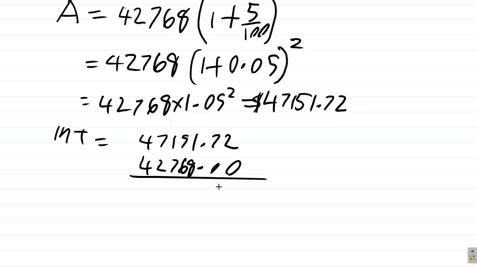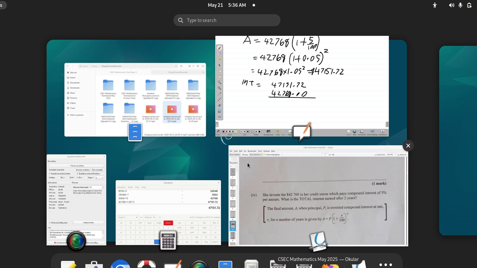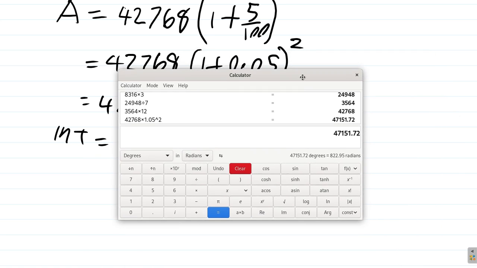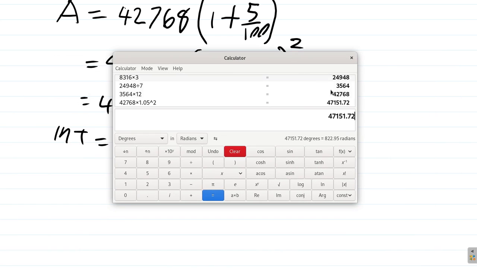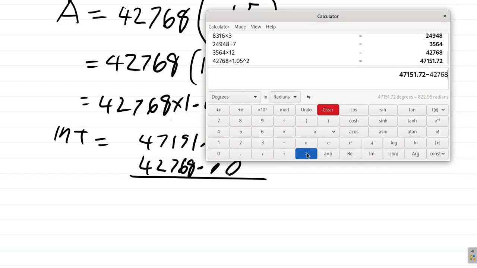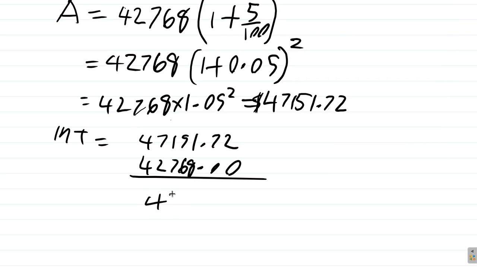So just use the calculator and work it out. We get the 47,151.72, minus 42,768, equal 4383.72. Okay, good.